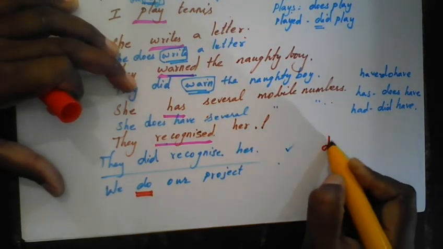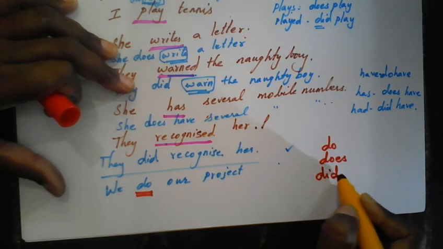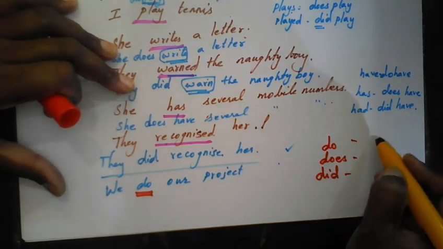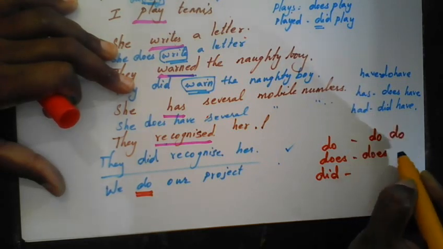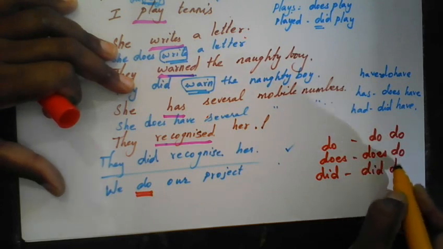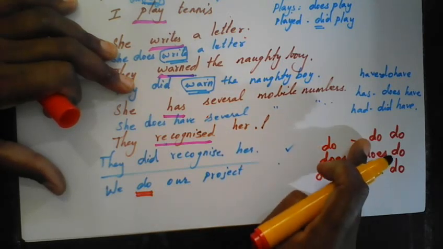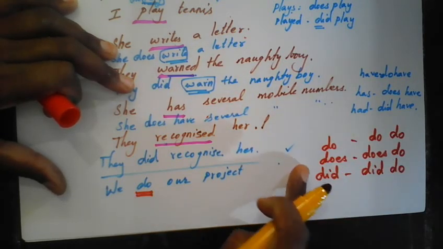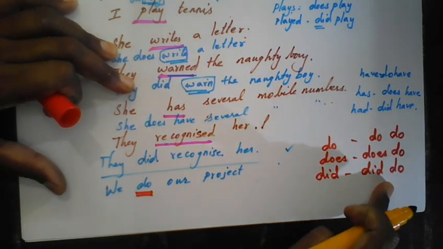See, do, does, did: the same thing. Do is equal to do do. Does is equal to does do. Did is equal to did do. Inside this, do will be hidden; does do will be hidden; did do will be hiding in it.